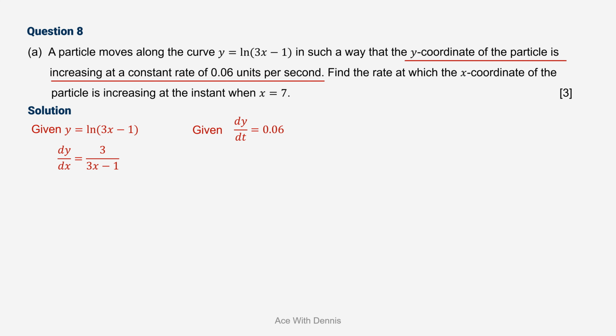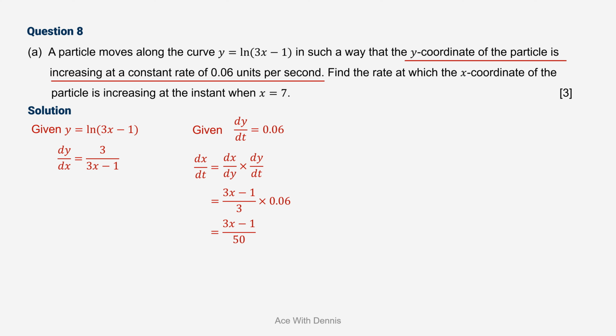By applying the chain rule, dx over dt is equal to dx over dy times dy over dt. We know that dy over dx is 3 over (3x minus 1), hence dx over dy will be (3x minus 1) over 3, and then multiply with dy over dt, which is 0.06. Simplify, and we'll get (3x minus 1) over 50.